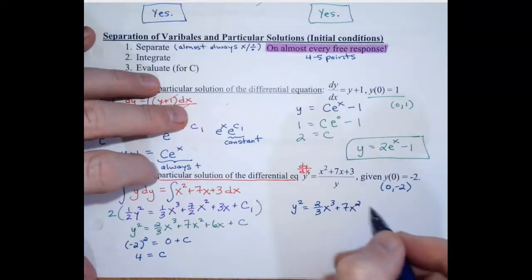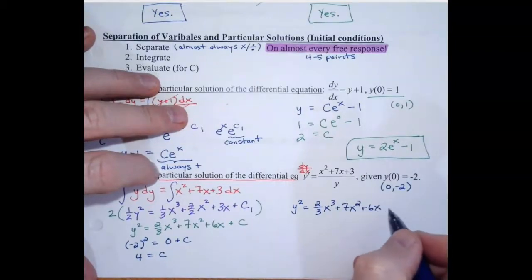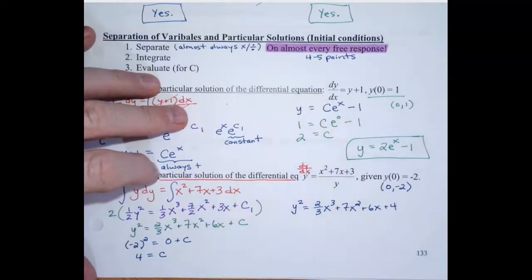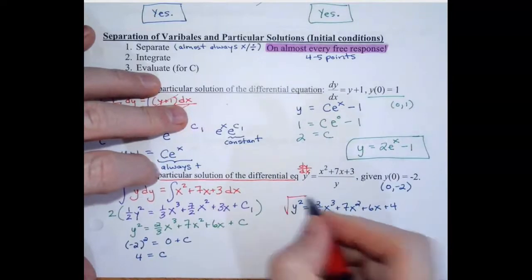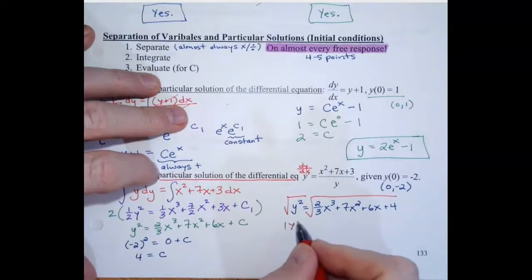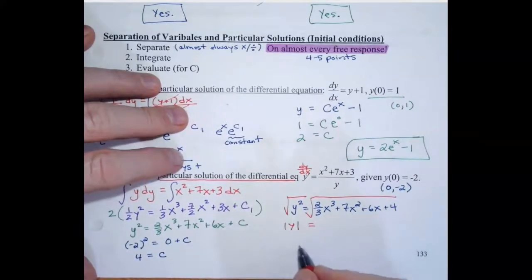okay. And so now at that point we're going to take the square root of both sides. Okay, and this is going to be the absolute value of y. So that's going to give us y equals plus or minus.